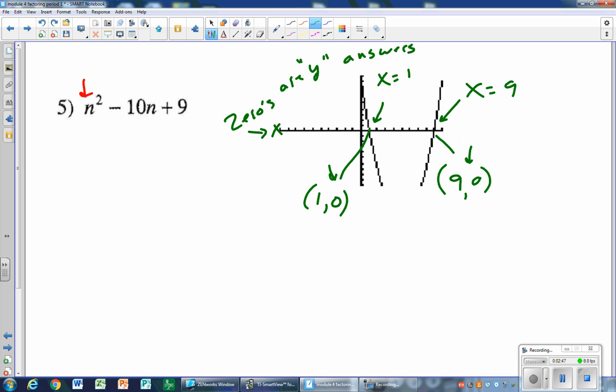So how do I factor it? I write down the zeros are 1 and 9. So the factors are the opposite. It's the additive inverse.